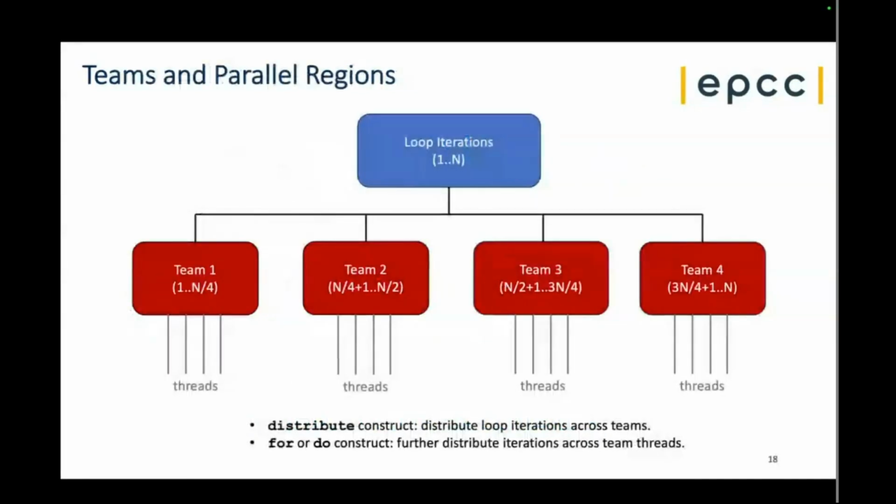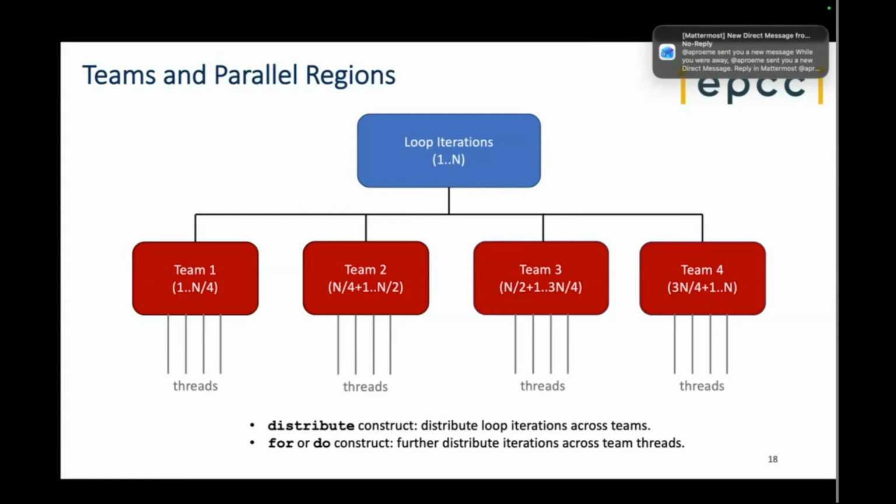Well done. Okay, so essentially this is what's happening. You have your loop, and the loop is iterating between 1 and n. What you want to do is break this loop into smaller loops, smaller sections of the loop iteration, and each one of them, I'm assigning to a team.